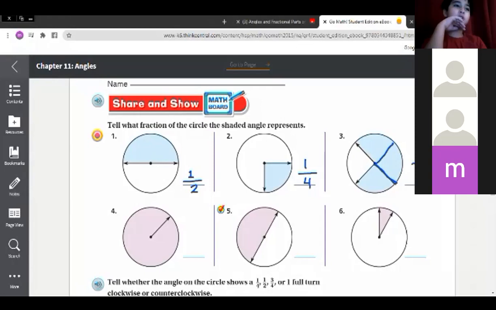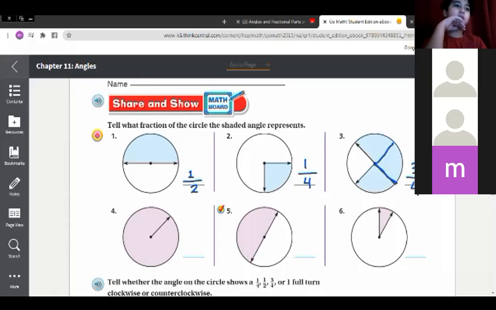No, I'm talking about the whole circle. We have here how many sections? You remember from the lesson of fractions? We need to write the whole sections down in the place of the denominator.